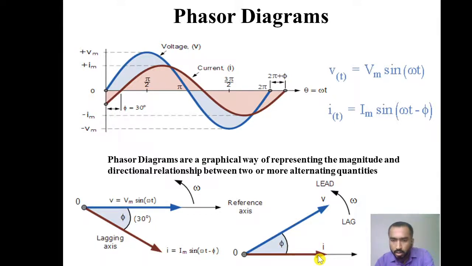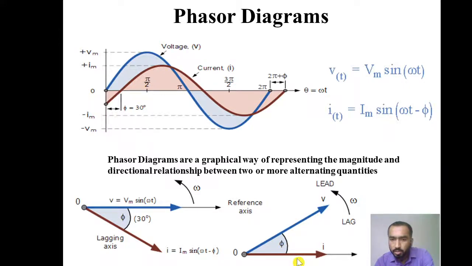So if current is the reference, then voltage leads current by 30 degrees, so we show this voltage in the upper direction at an angle of 30 degrees. The angle is shown by phi, and phi is the phase difference between voltage and current.